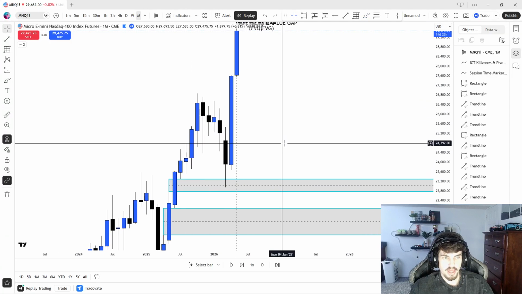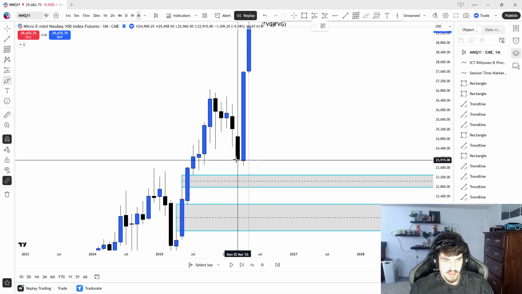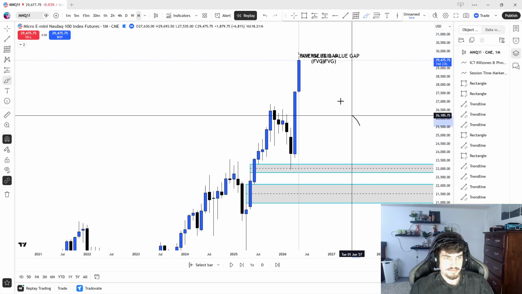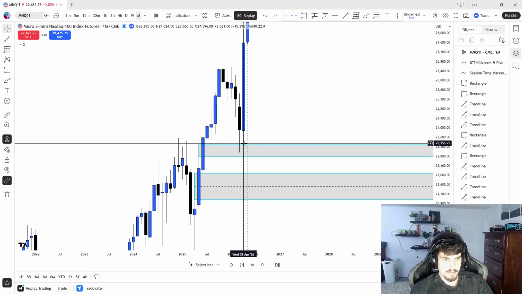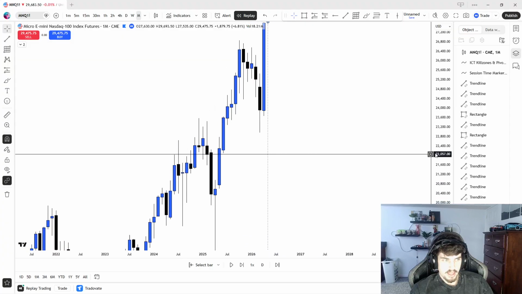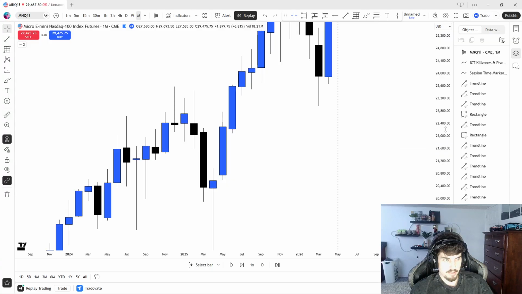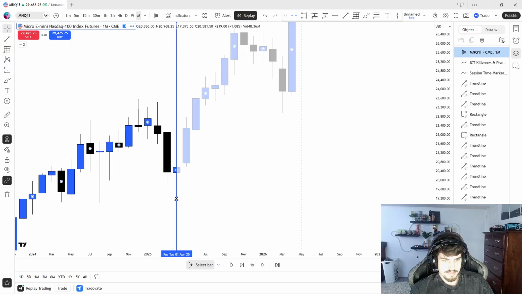And I'll show you what I mean by that in a moment. But it ended up coming down, we filled this fair value gap with this wick, and then we ended up rallying higher to the upside. Okay, boom. That was a good example to the upside. But what did I mean by that example? I'll tell you in just a moment. Just let me show you this example of this fair value gap that got formed and then disrespected.